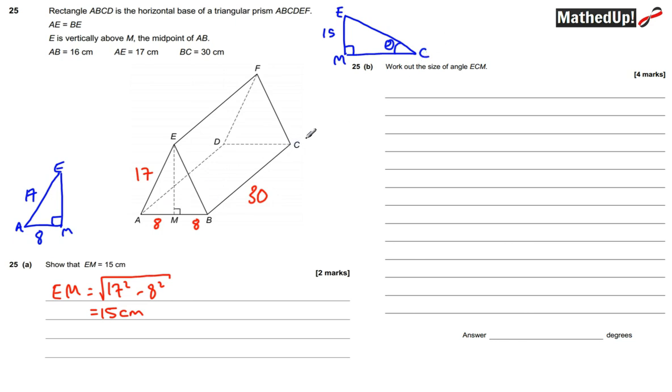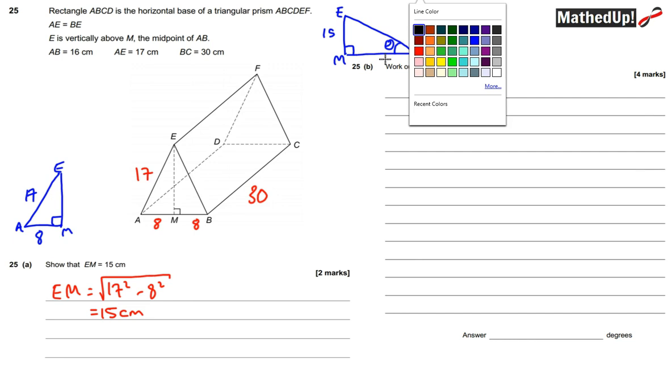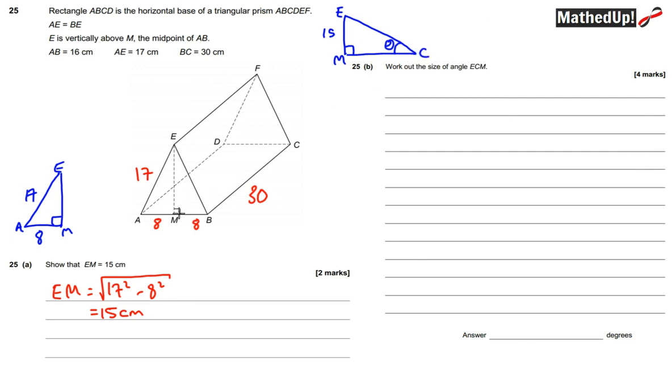Right, so what I can do though is work out this length MC. So let's just draw that in. And that's going to be from there to there. Well, I can work that out using this right angle triangle, which is CBM.